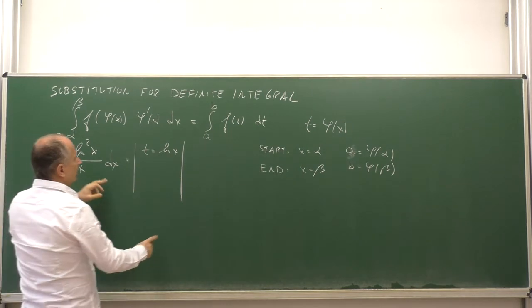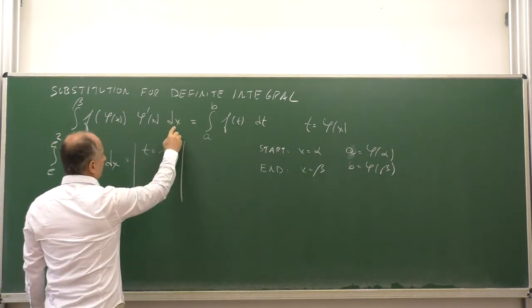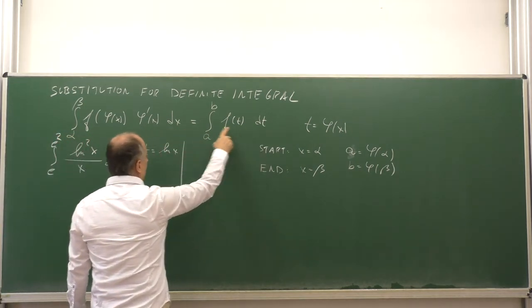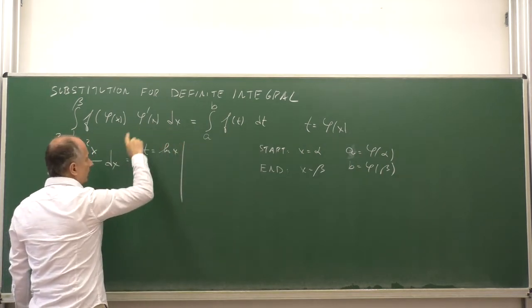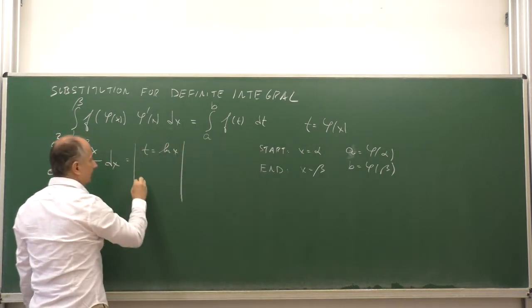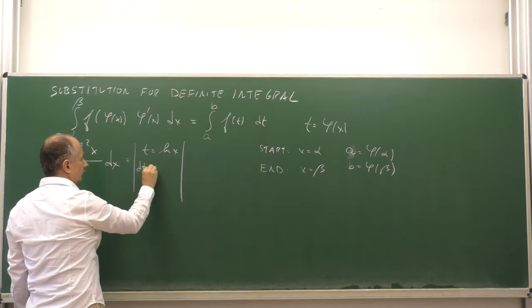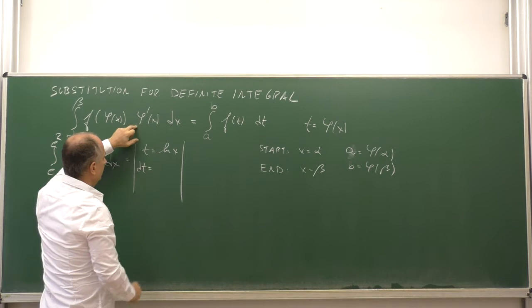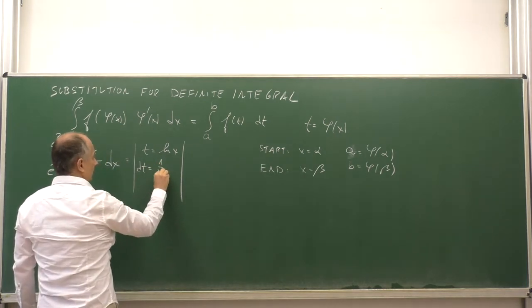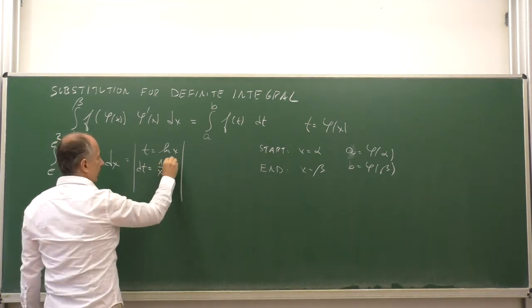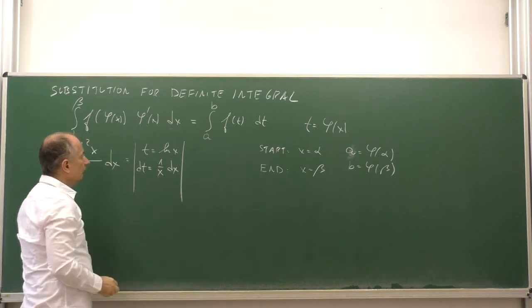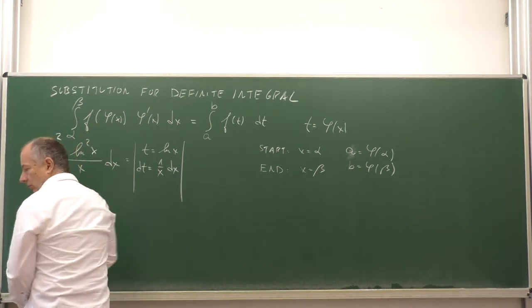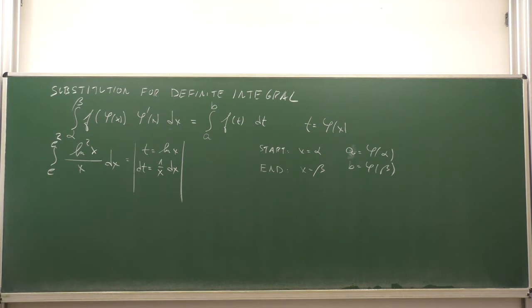And then we must recompute the differential. dx and dt are not the same. Phi derivative multiplied by dx is dt. And if phi is logarithm, then phi derivative is 1 over x, the derivative of logarithm, dx. So, yeah, let me show this in color.